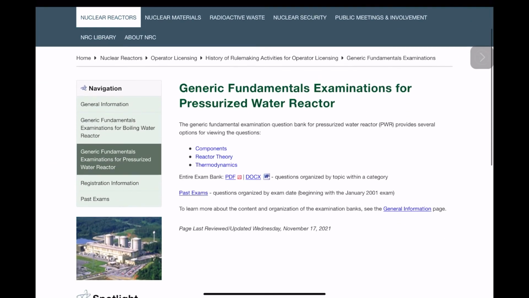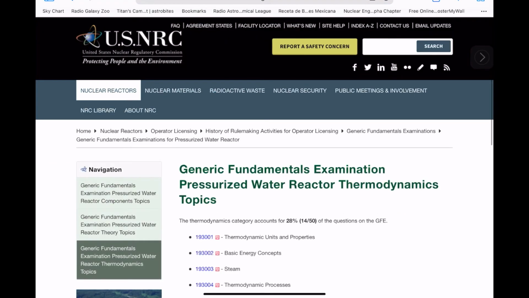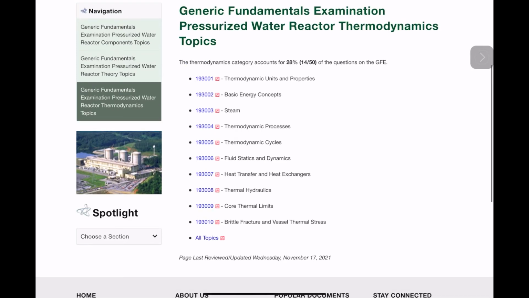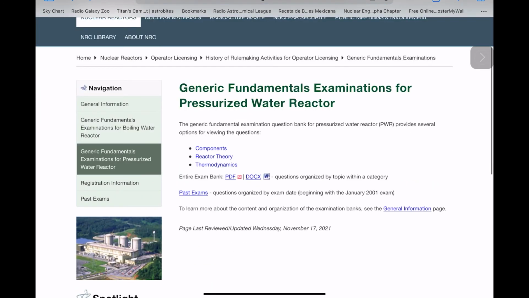You're also going to learn about thermodynamics: thermodynamic units and properties, basic energy concepts, steam, thermal processes, thermocycles, fluid statics and dynamics, heat transfer and heat exchangers, thermal hydraulics, core thermal limits, and brittle fracture and vessel thermal stress.